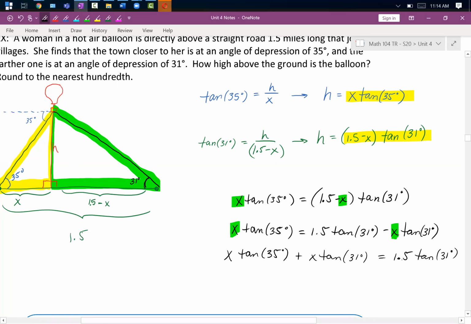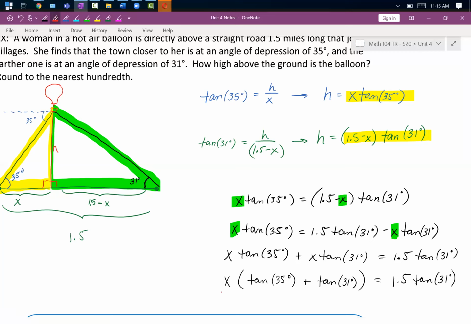We have a common factor of x on the left now that we can factor. And then we'll divide both sides by this big thing here in parentheses.